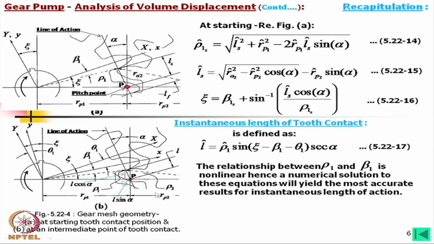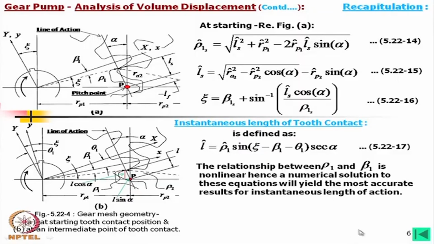Therefore, we should always keep in mind this pressure angle is equal to the working pressure angle, not the standard pressure angle. While we are trying to find out the base circle radius of such a gear, then we consider only the standard pressure angle there.